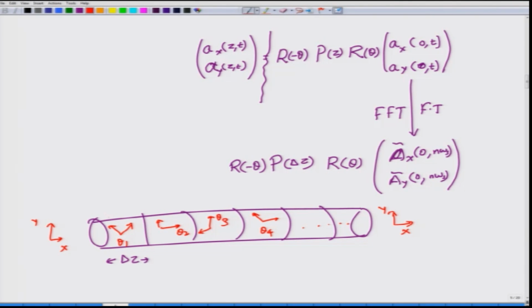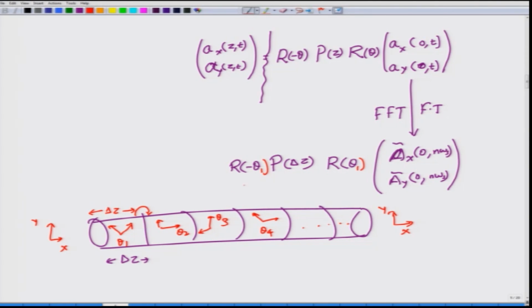We assume that over the length delta z, the birefringence axis, or equivalently the angle theta 1, is fixed, but once you go from one section to another section, the angle theta actually changes. Therefore, if you propagate over a length delta z, you have to propagate it with the appropriate angles as well.